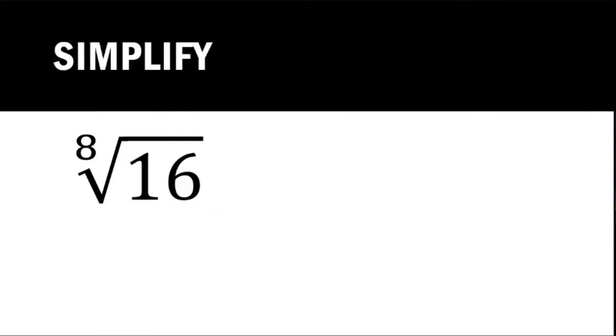How about the 8th root of 16? So we will change 16 with 2 raised to 4. So we can now have the 8th root of 2 raised to 4. The common factor will be equal to 2. So 4 divided by 4 is 1. 8 divided by 4 is 2.